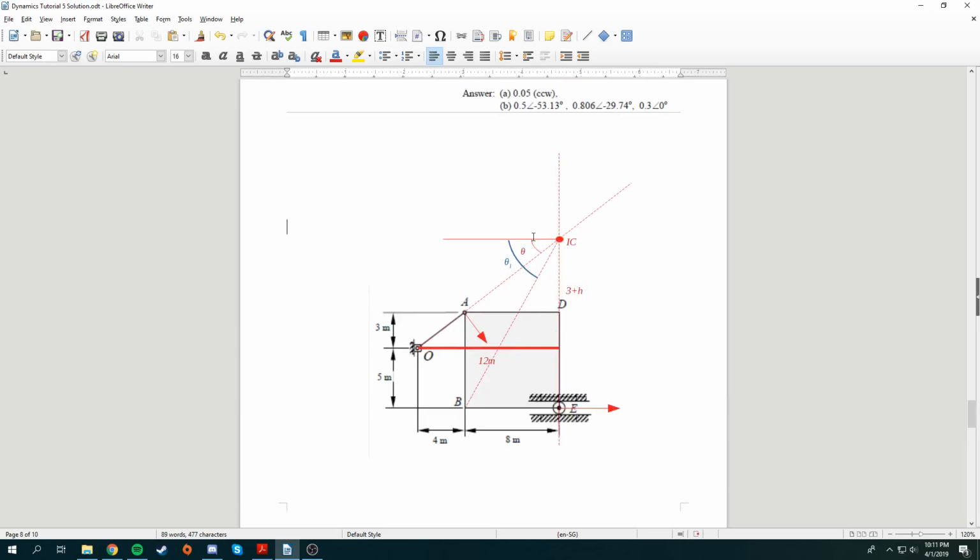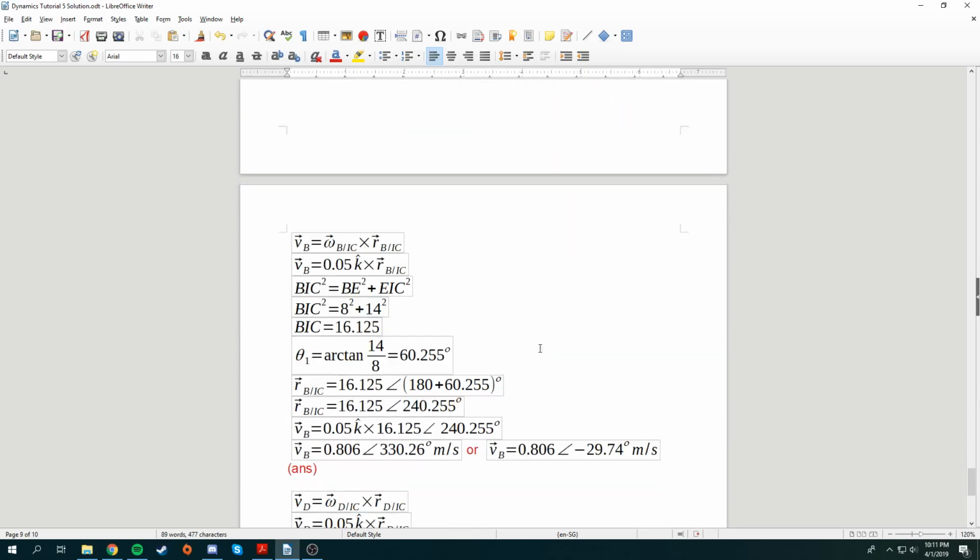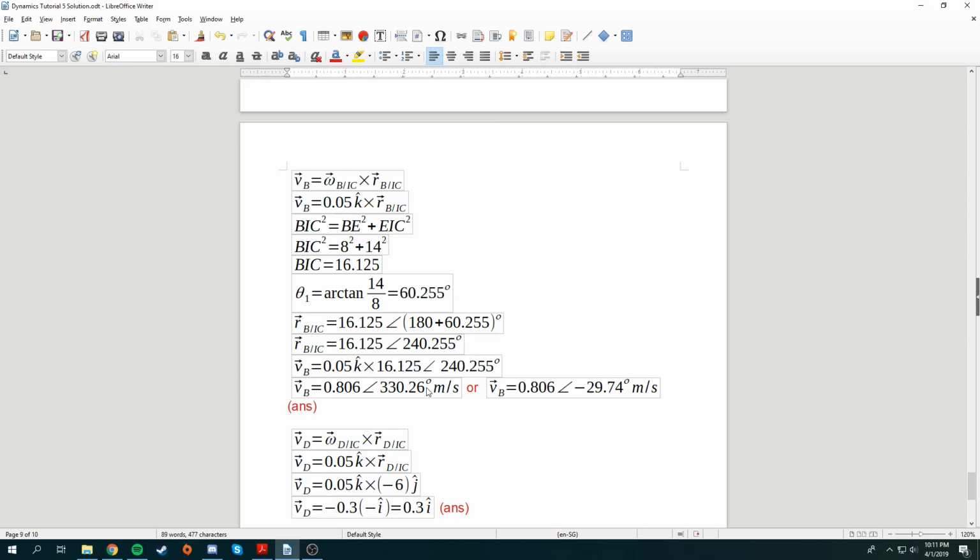So you add 180 degrees and theta 1. Okay, and then you can do the cross product, and I found out that my velocity of B is 0.806 in the 330.26 degrees direction, or 0.806 in negative 29.74 degrees.